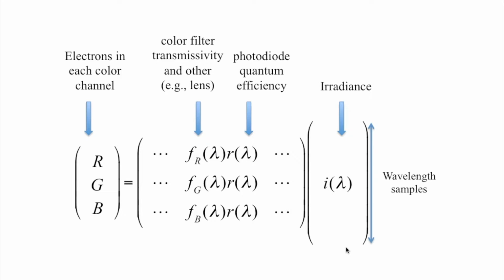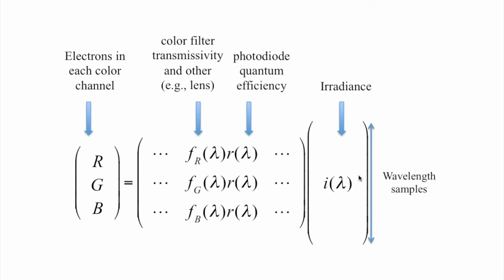We put this in as a tall vector, and we multiply it through this matrix in order to estimate the number of electrons that we expect in each of the different channels. This dimension here represents each of the different wavelengths, so that this vector interproducted with the row vector here gives you the same equation that we looked at in the previous slide, except in discrete form, in the digital form, rather than the continuous integral.